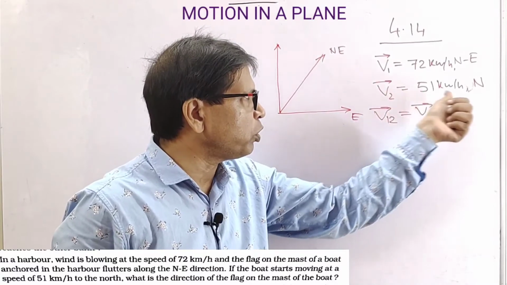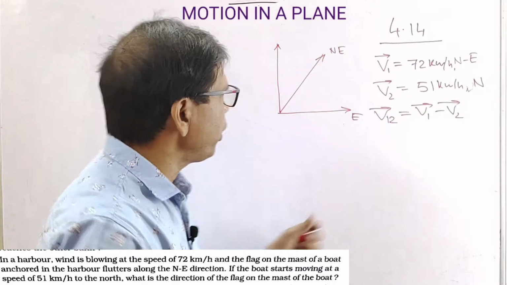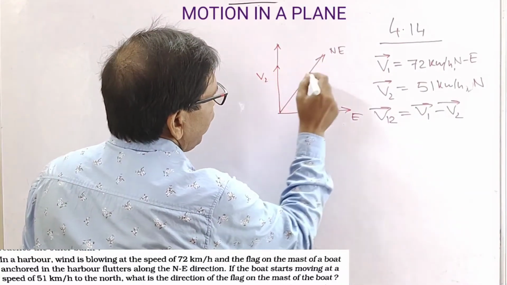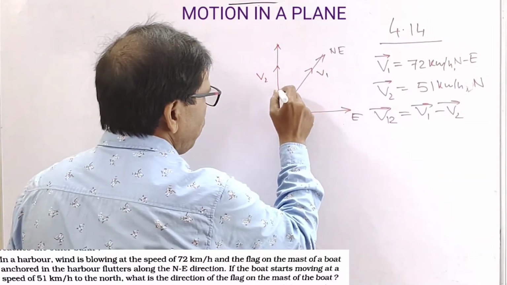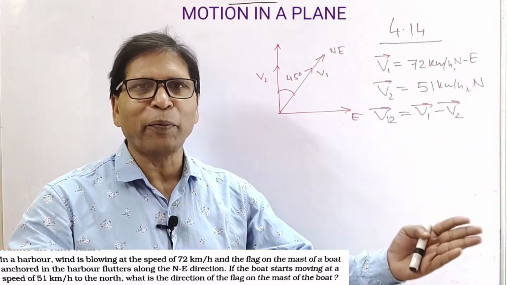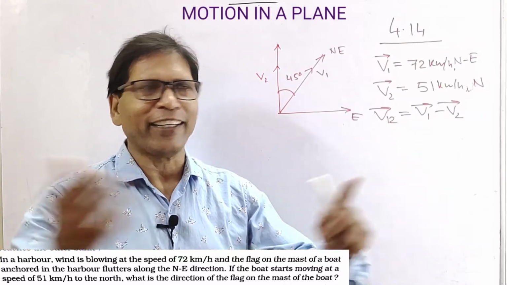Now the ship moves along north with a speed of 51 km per hour. So look at this, this is V2 and this is V1. The angle between V1 and V2 is 45 degrees. Now we have to calculate the direction in which the flag flutters.